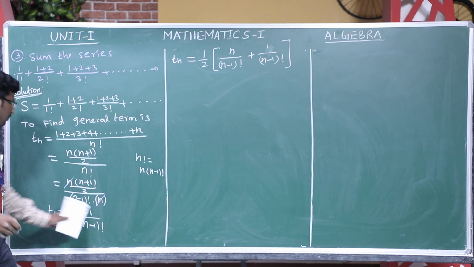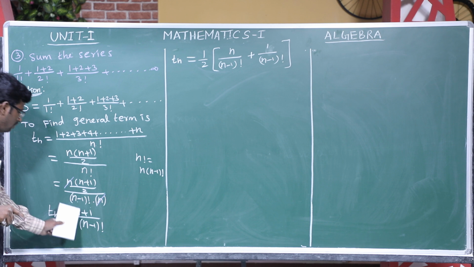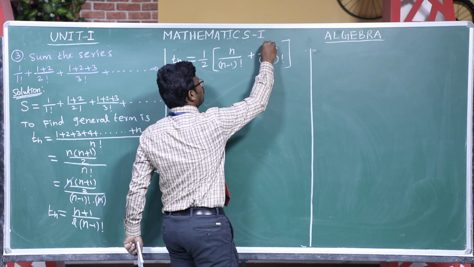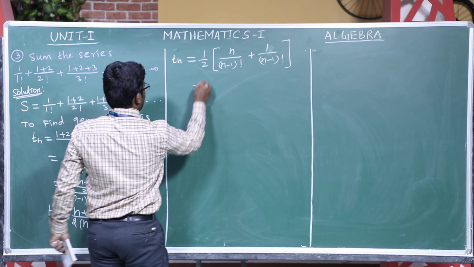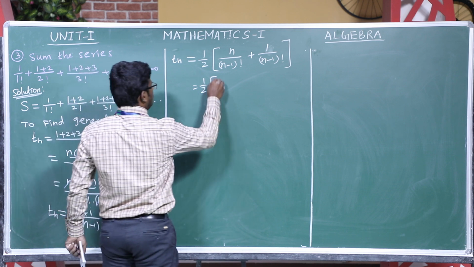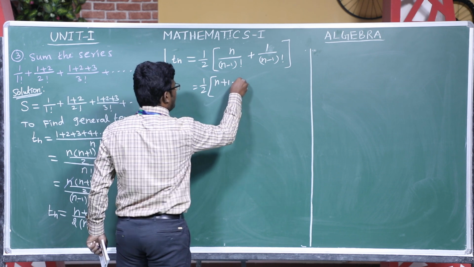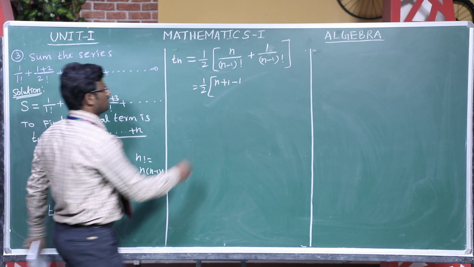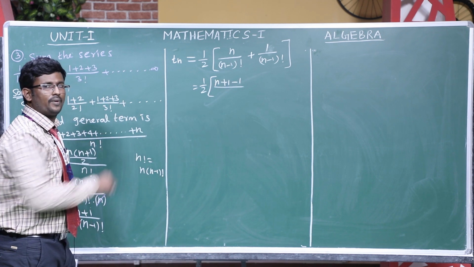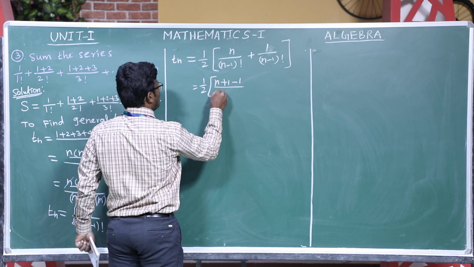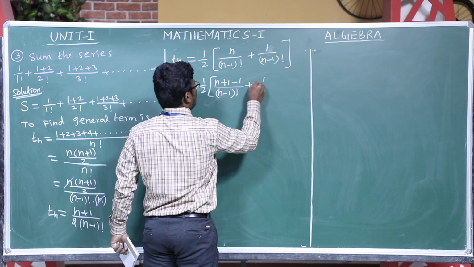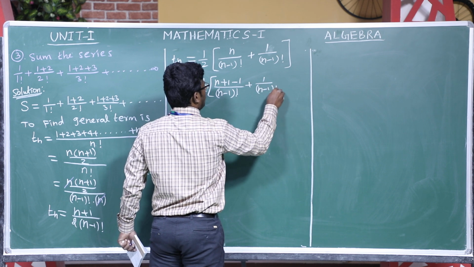Then 1 by 2, in the numerator I will add plus 1 and minus 1 for my simplification. The answer cannot be changed by adding and subtracting 1.